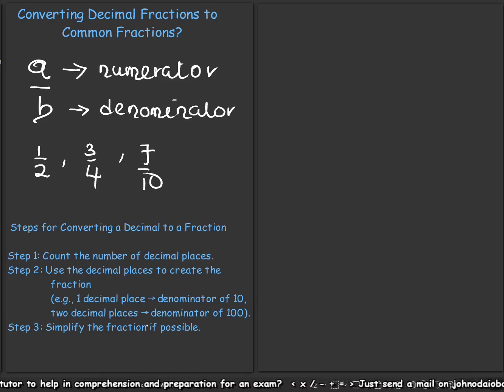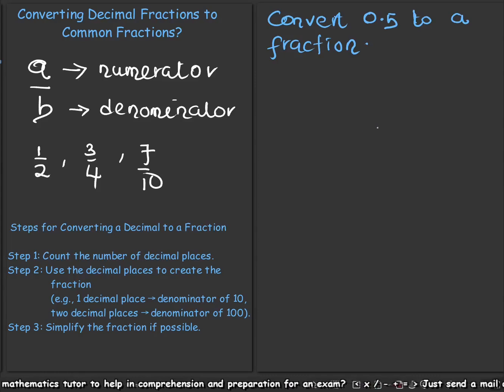If you have two decimal places, you write over 100, that is 2 zeros. So the number of decimal places tells you how many zeros to attach to your denominator of 1. Then you simplify the fraction if possible. Let's look at some examples and see how best we can work them out.